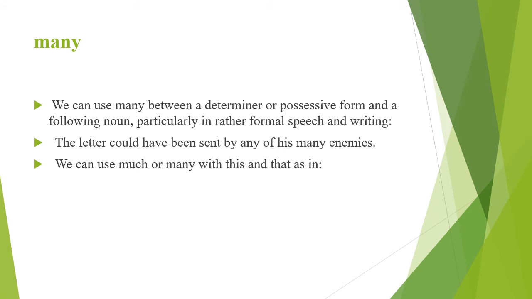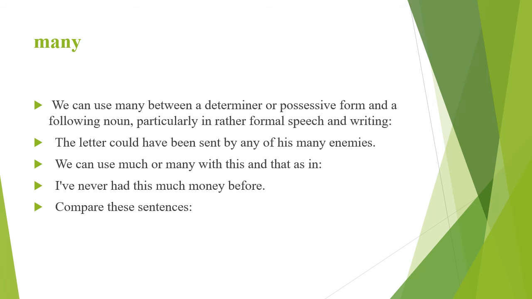The letter could have been sent by any of his many enemies. We can use much or many with this and that, as in the following example. For example, I have never had this much money before.